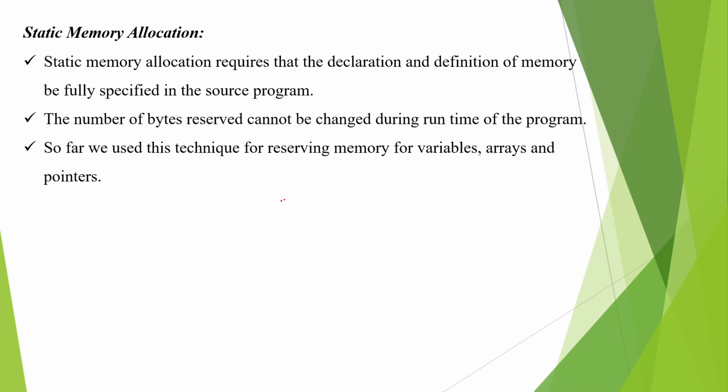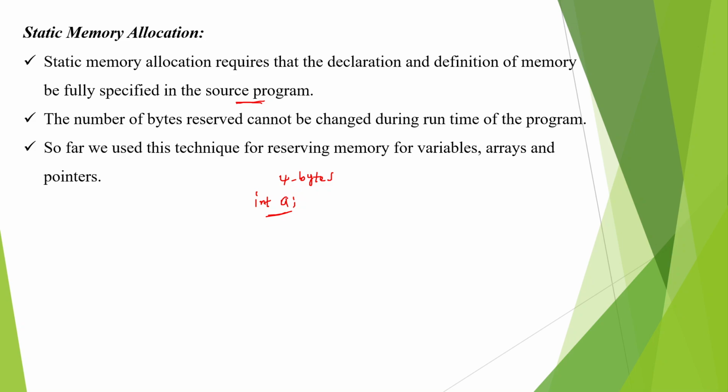Declaration ante identifier ఇవ్వాలి, and definition ante type కూడా మనం specify చేయాలి, fully specify చేయాలి మన program లోనే, source program లోనే. Okay, the number of bytes allocated can't be changed at runtime. So how many bytes will this A take, ma? We know that this A will take 4 bytes at any time. Okay, during the compilation only, statically assigned. So during the compilation only this A will take 4 bytes, and that 4 bytes we can't change at any time.